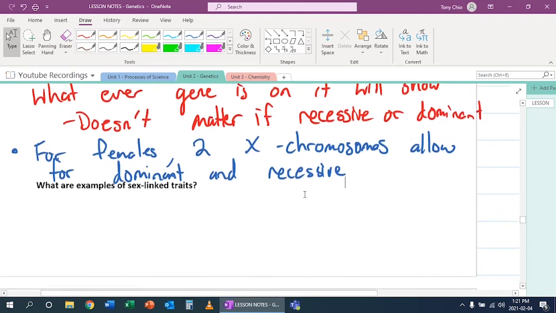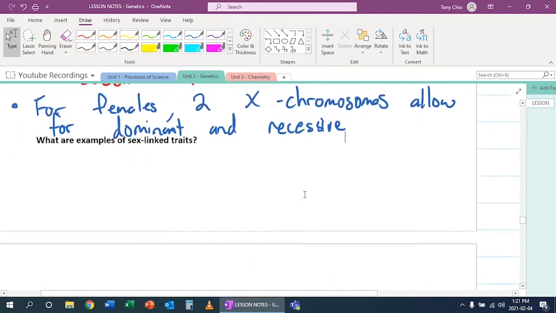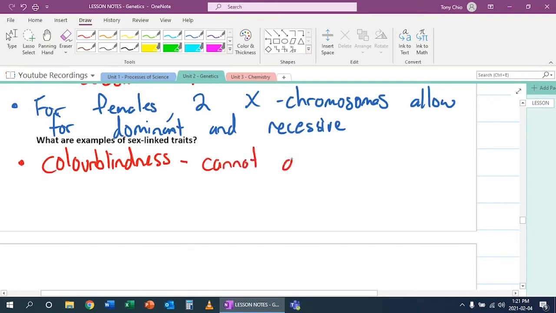So what are some real-life examples of sex-linked traits? Well, there's a few. One example, and the most common example, is colorblindness. Colorblindness is a sex-linked trait. And colorblindness doesn't mean that you see the world in gray scale. No, what colorblindness means is you cannot differentiate color.